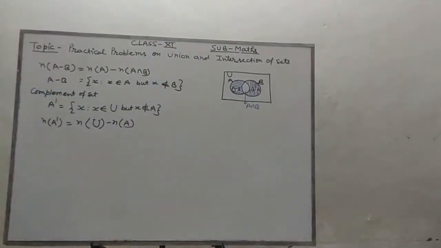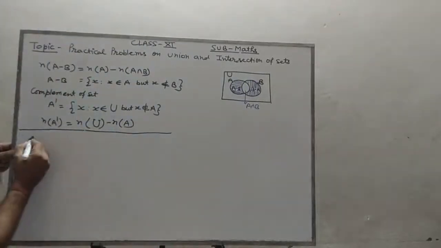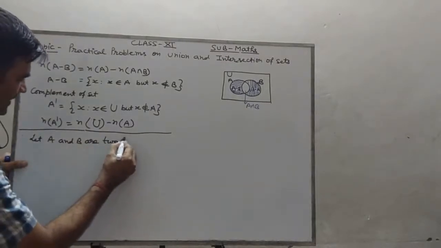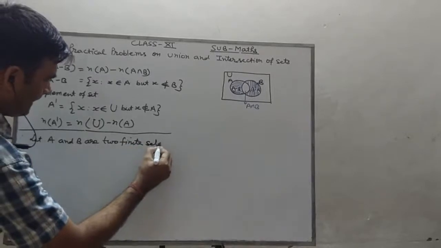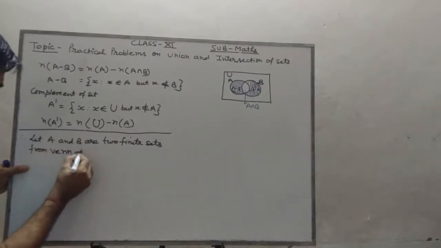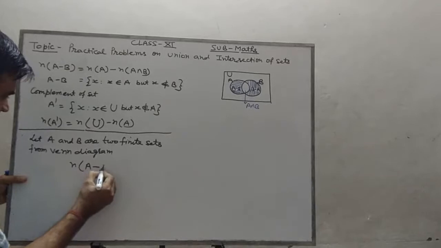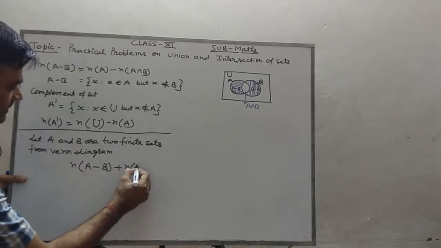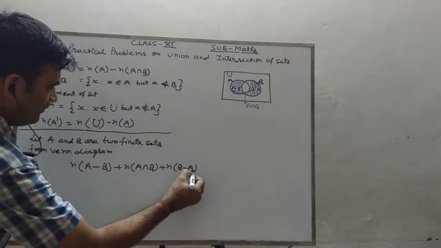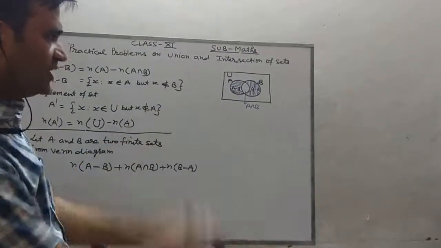See, let A and B be two finite sets. From the Venn diagram, we have the number of elements in A minus B plus the number of elements in A intersection B plus the number of elements in B minus A. If we add all three portions, A minus B, A intersection B and B minus A, what will we get?